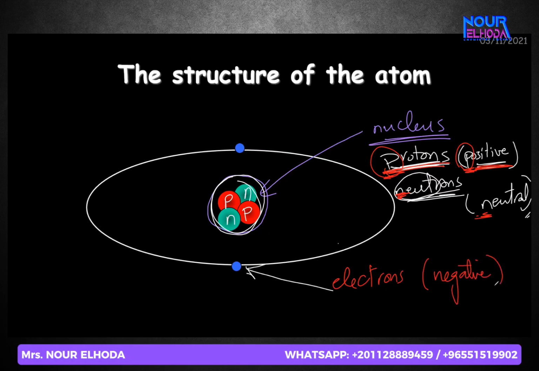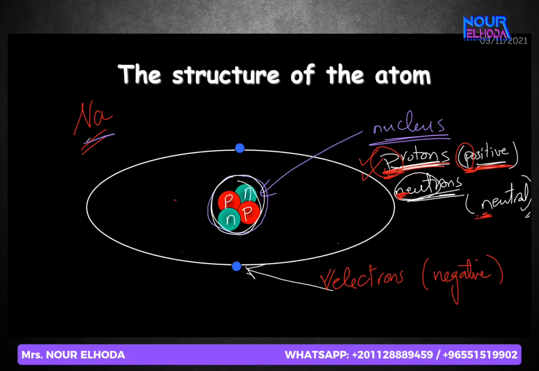So if I'm going to talk about any atom, for example sodium, it has 11 electrons, and at the same time it has 11 protons. This means the number of electrons and the number of protons for any atom are always equal, all the time.